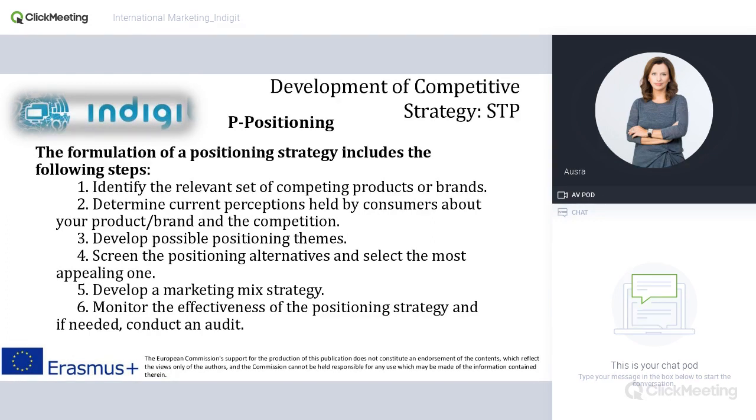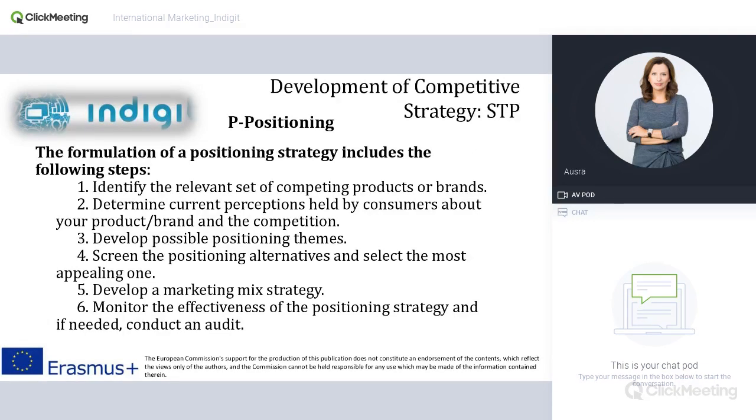The first one is to identify the relevant set of competing products or brands. Then, the SME should determine current perceptions held by consumers about your product, brand, and the competition. The third step is to develop possible positioning themes. Then, screen the positioning alternatives and select the most appealing one.